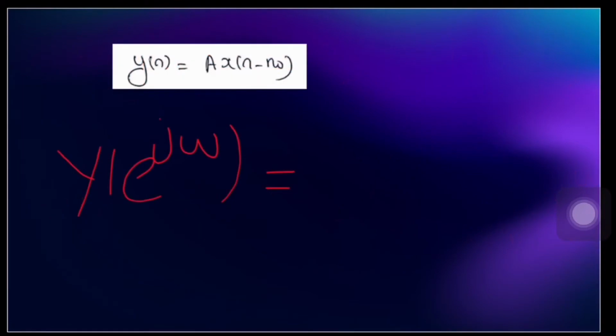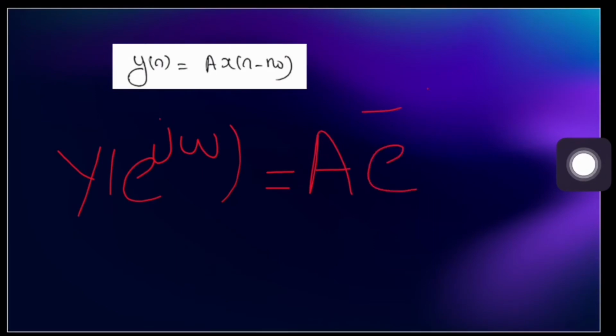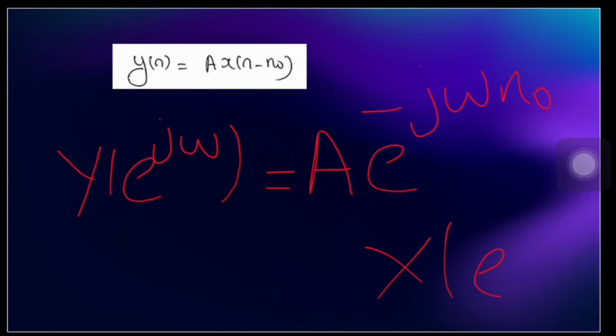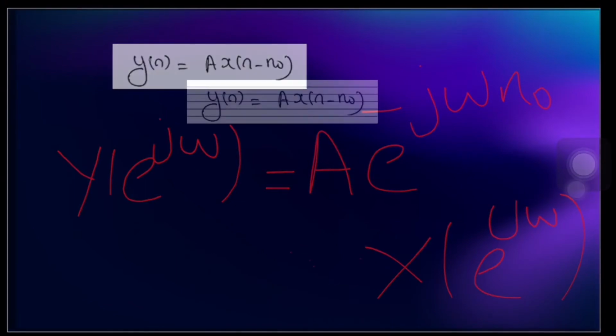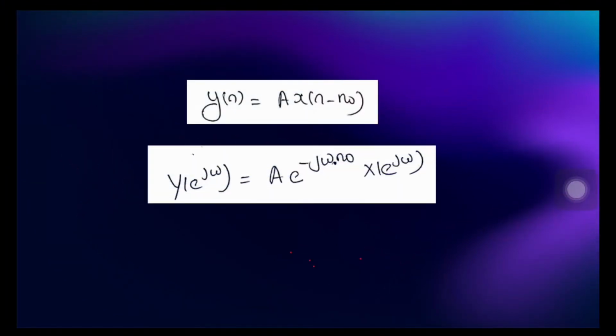In the property, we can write the Fourier transform of a x of n minus n0 as a e raised to minus j omega n0 X of e raised to j omega. So this is our y of n and this is our Y of e raised to j omega.